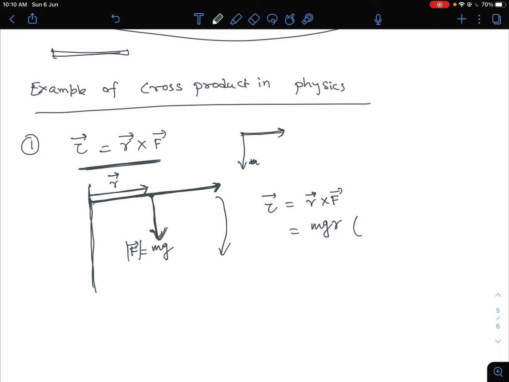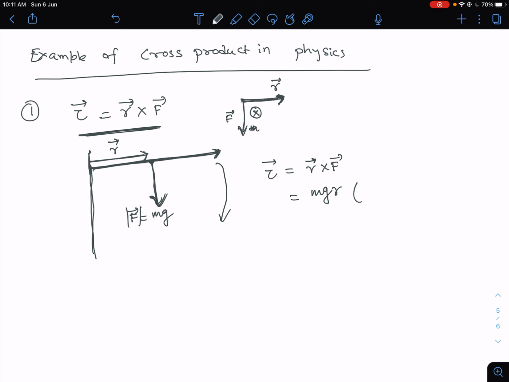So the torque is directed along R cross F. If you take R and F to be in the plane of this paper, then R cross F will be directed in the downward direction, right?